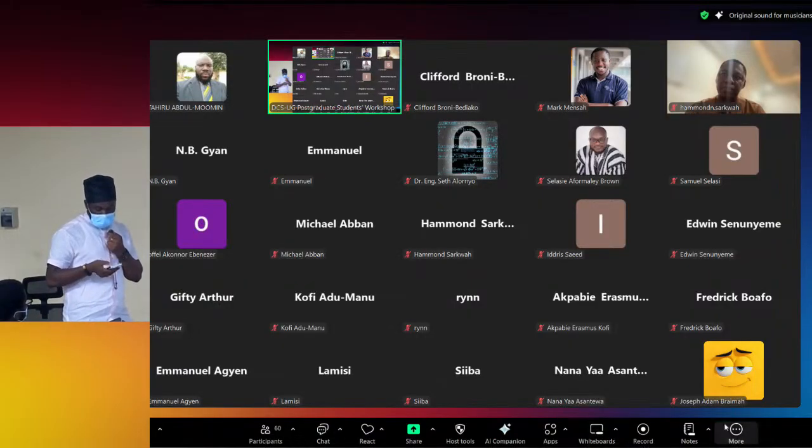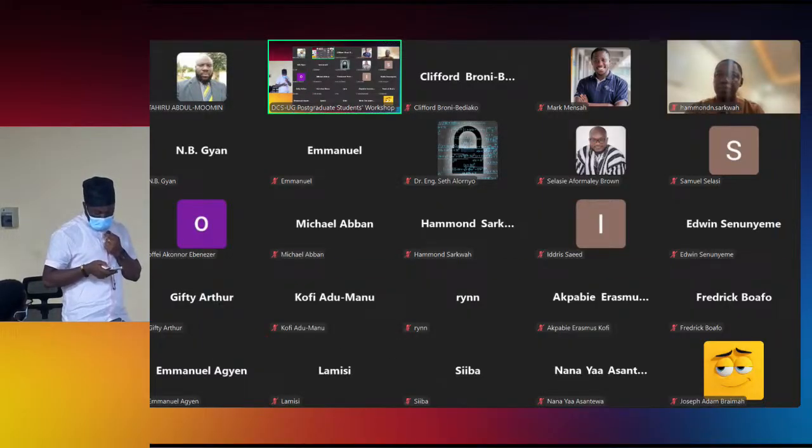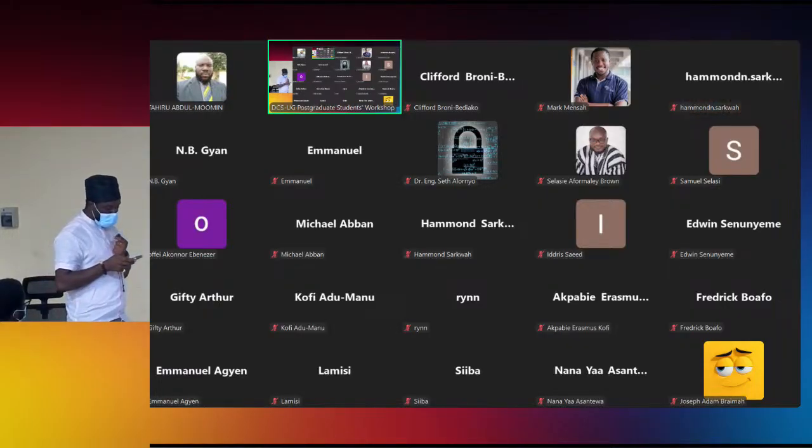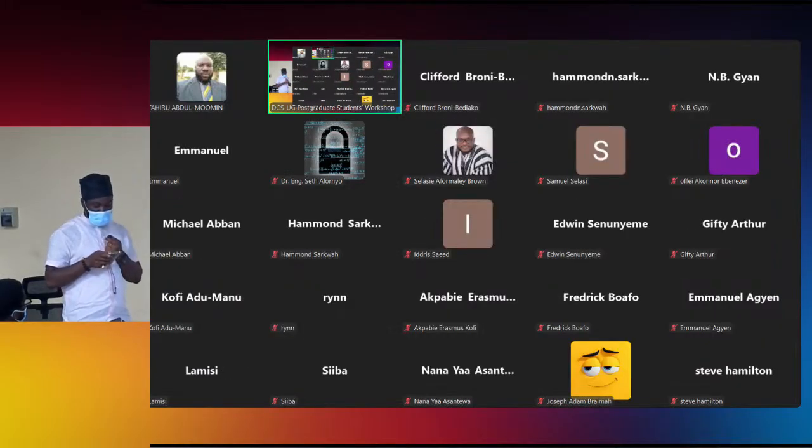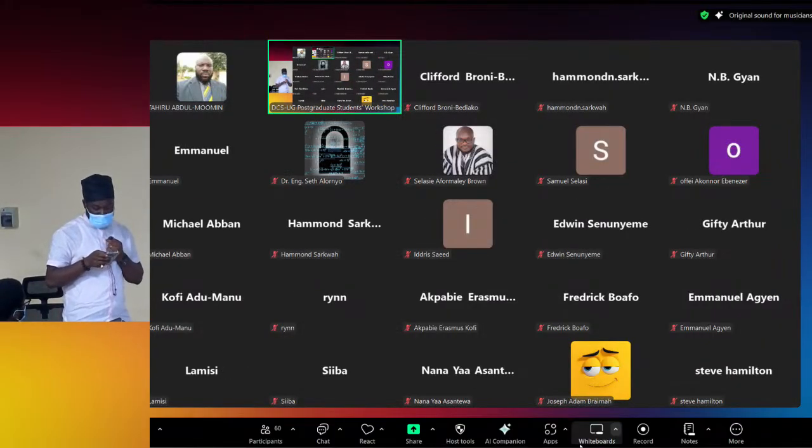So our next presenter is also an MSc student with the department, and he's going to speak to us on the topic Federated Learning for Cross-Bank Mobile Money Fraud Detection under Ghana's 2025 Draft Open Banking Directive.